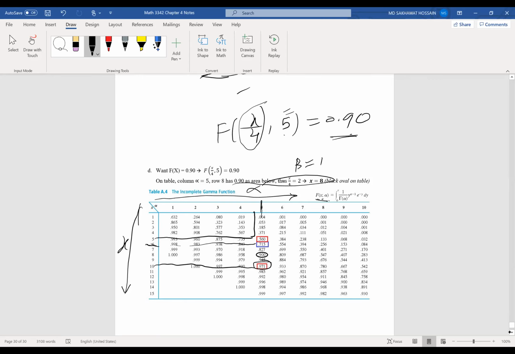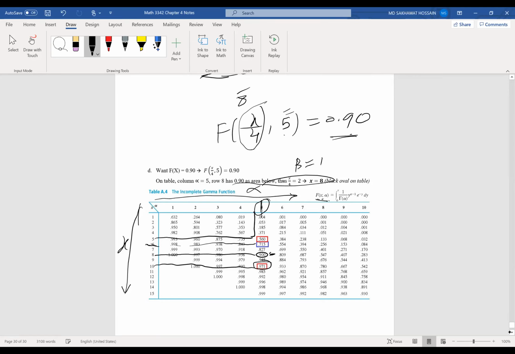So how can we find this number? Alpha is 5, that's fine, and the probability is 0.90. Now in this column where we have 0.90, the corresponding value of x when the probability is 0.90 is 8. So this number is 8.